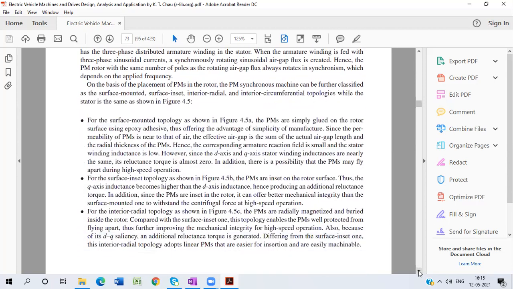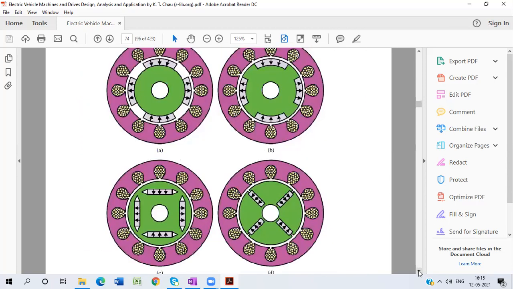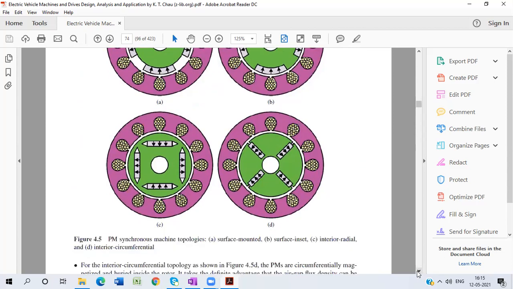Here are some basics. We have already discussed the PM synchronous machine and the different configurations of the rotor. Here the stators are the same, but the rotor configurations are different. The different rotor configurations are surface mounted, surface inset, interior radial, and interior circumferential. You have to know that.